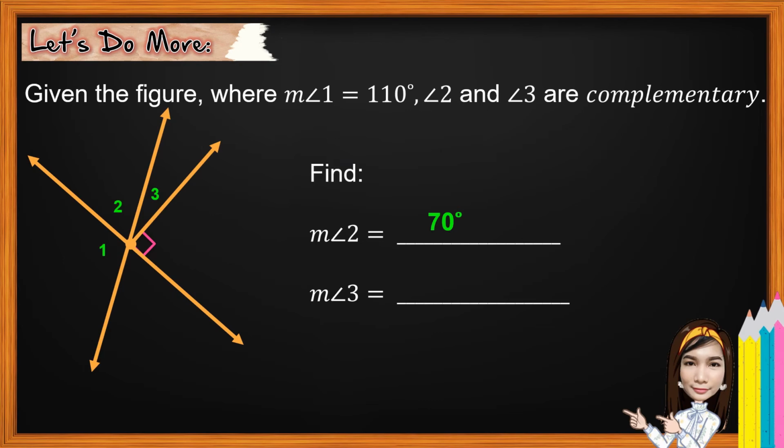So 110 plus 70 is equal to 180 degrees. And the measure of angle 3 is equal to 20 degrees, because angle 2 and angle 3 are complementary angles. So if angle 2 is 70, we are going to add 20 to make the sum equal to 90 degrees.